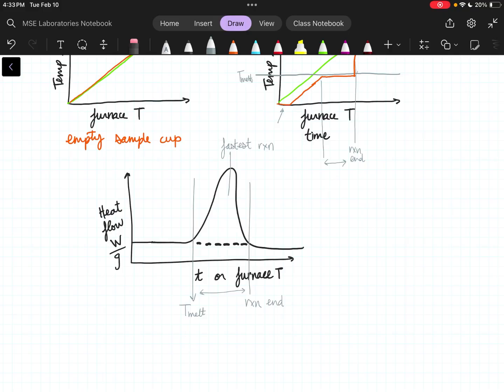One other fun little bit of information is that we can take the area under the curve, and that is the enthalpy.